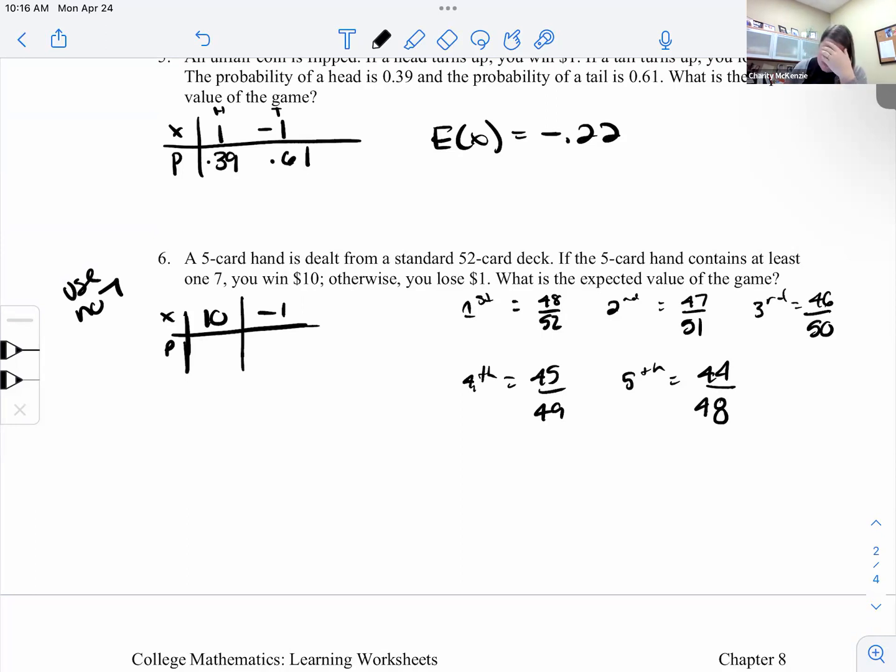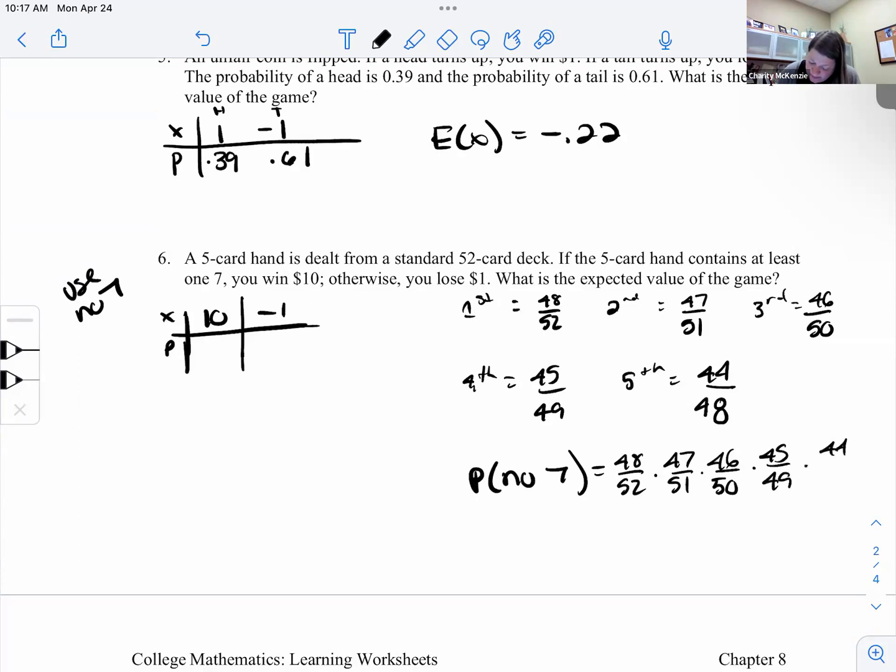Okay, so the probability of none, no 7, is each of these multiplied together because you have to get all five in one hand. So it'd be 48 out of 52 times 47 out of 51 times 46 out of 50 times 45 out of 49 times 44 out of 48.